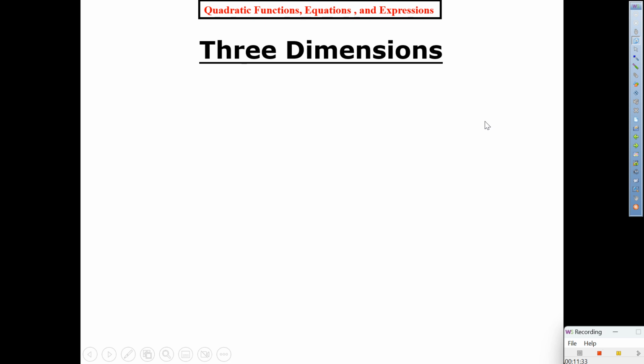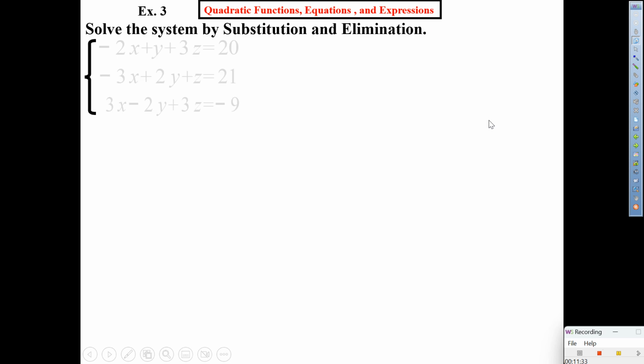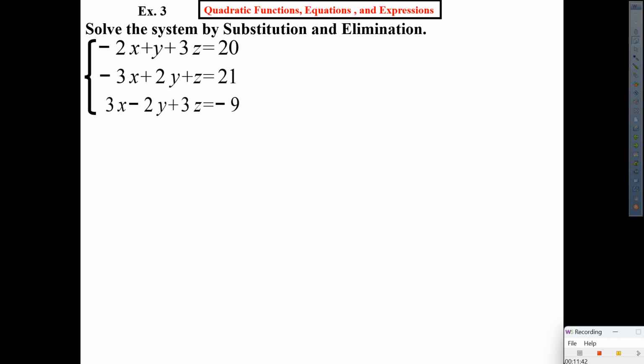So copy this one. Example number 3. The system of negative 2x plus y plus 3z equals 20, negative 3x plus 2y plus z equals 21, and 3x minus 2y plus 3z equals negative 9. Copy that. Okay, y'all ready?